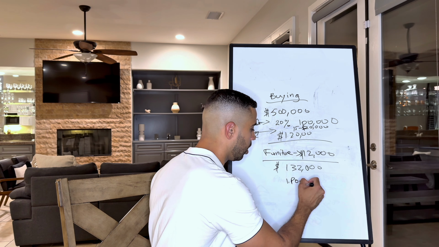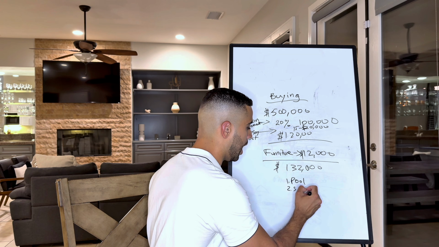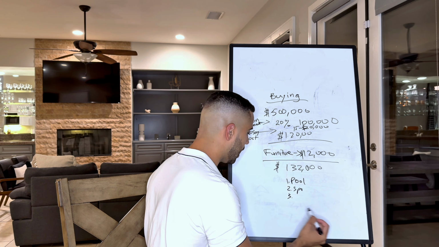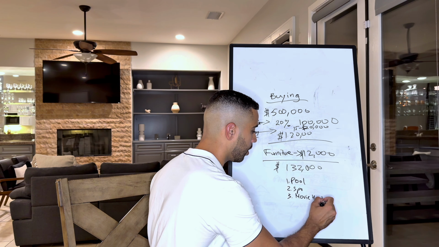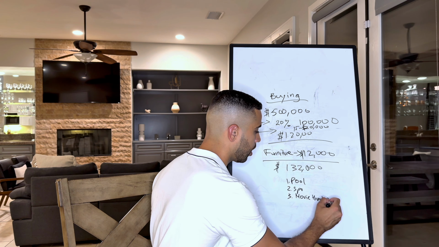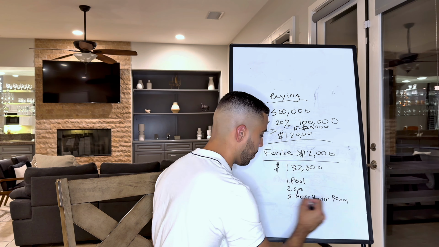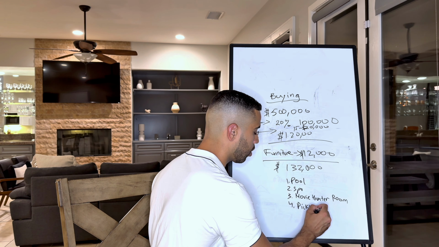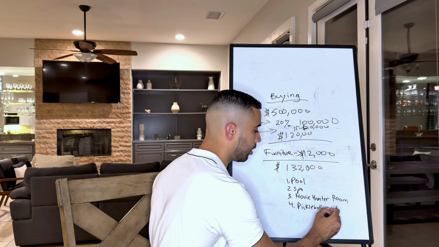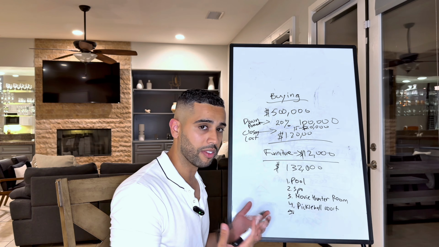You know, pool, spa, a movie theater room, right? Pickleball court. These are really big. They do quite well for me. So these are just a few off the top of my head, but games, it doesn't have to be some big grandiose amenity, but those are the ones that people are competing very well with these days.